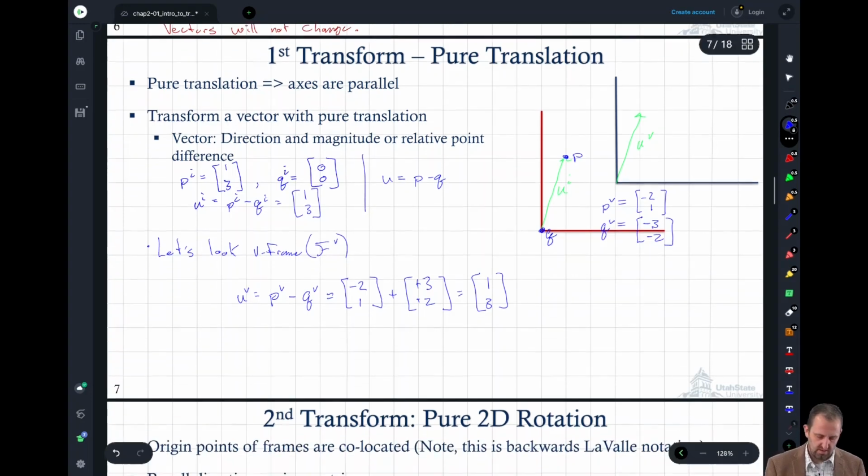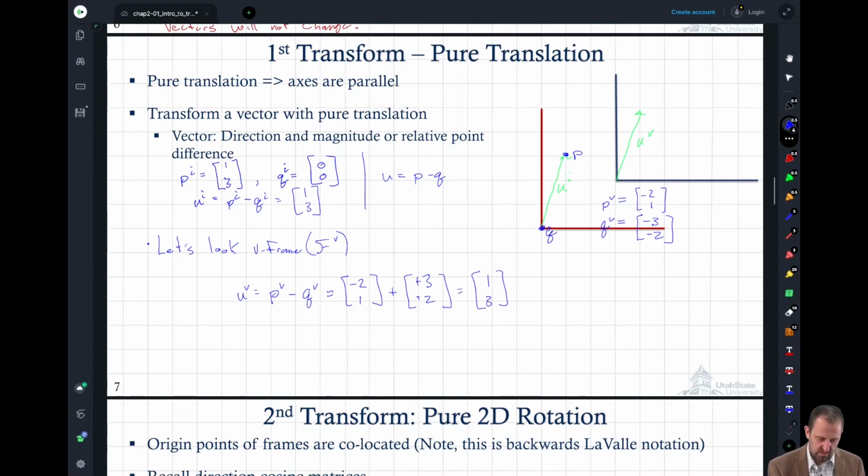And another way we could have written this is that u in the vehicle frame would have been V, the vector from the vehicle to the inertial, now defined in V, plus P in the inertial frame.